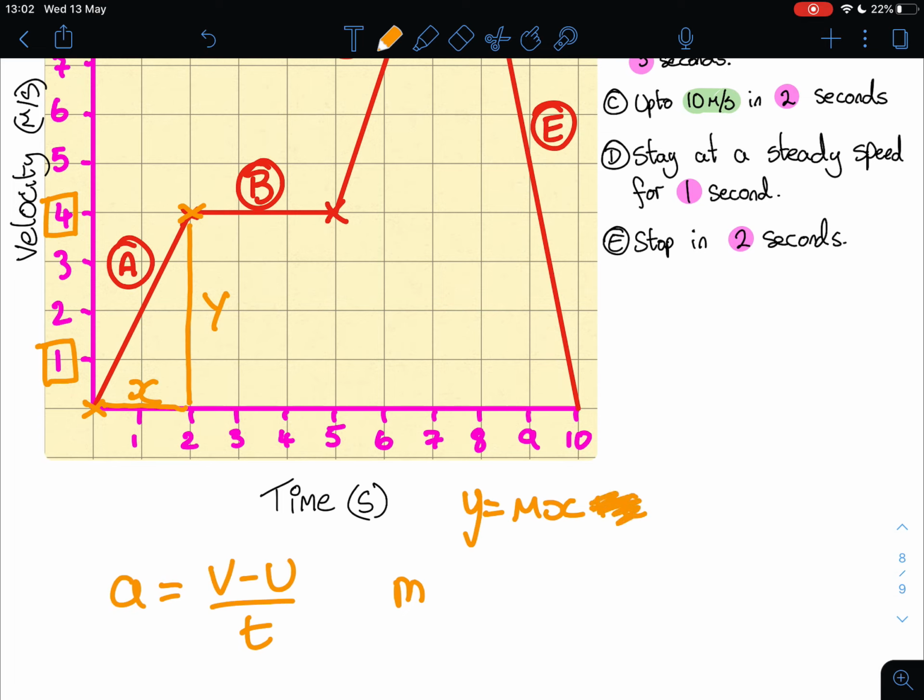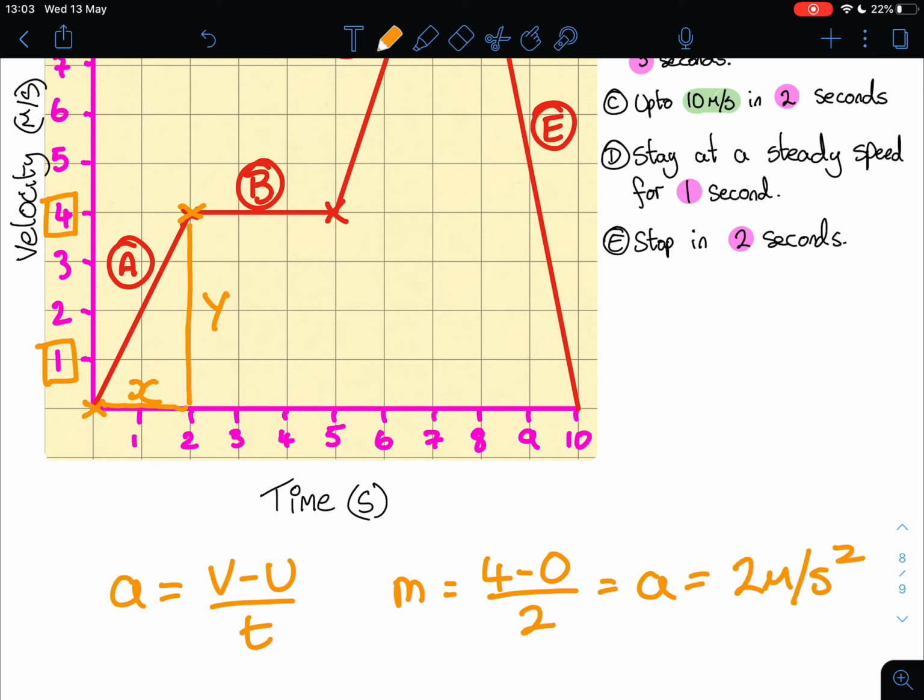Well, we ain't got c, so gradient is m in maths. Don't want to confuse matters. So the gradient would be, in this case, 4 minus 0 over 2. That'd be the acceleration of 2 meters per second squared. So that's the first one. Let's look at the others.